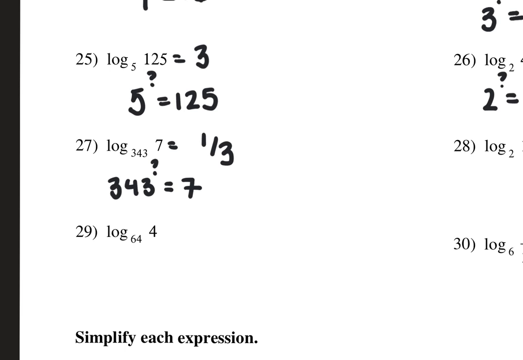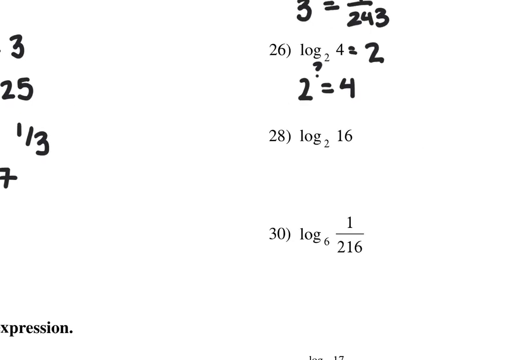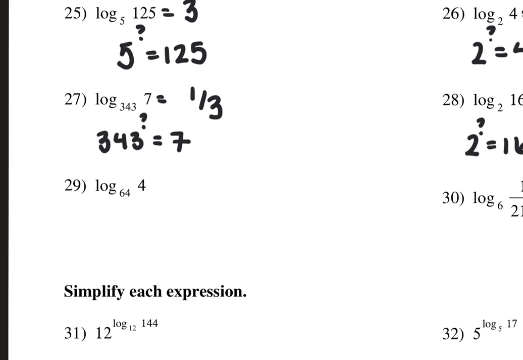Okay, so let's go on to the next one. We have 2, switch, is equal to 16. So that would be 4. 2 times 2 is 4. 4 times 2 is 8. 8 times 2 is 16.